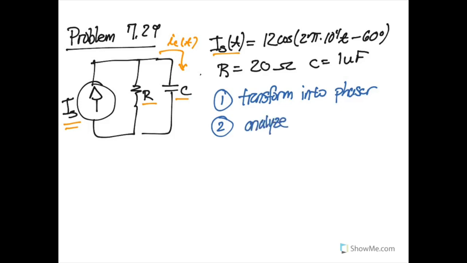So we will analyze the circuit. And then step three is, because in our analysis we will be doing all of our calculations in the phasor domain, we will need to transform back into the time domain to get our final quantity. So step three will be to transform back into the time domain.